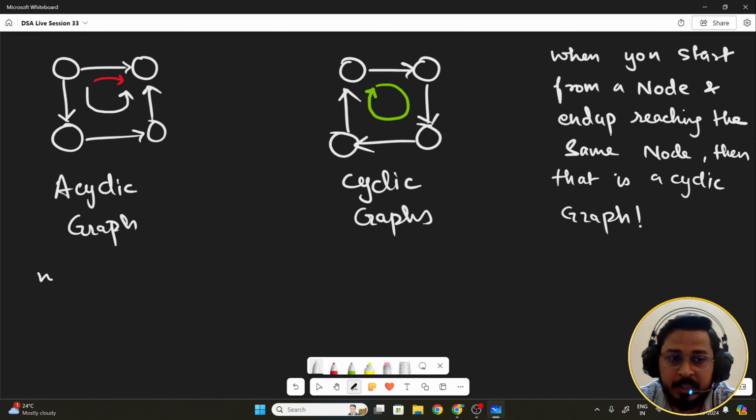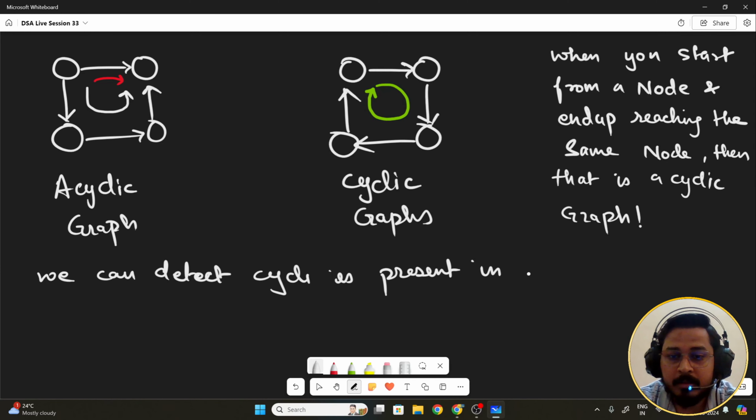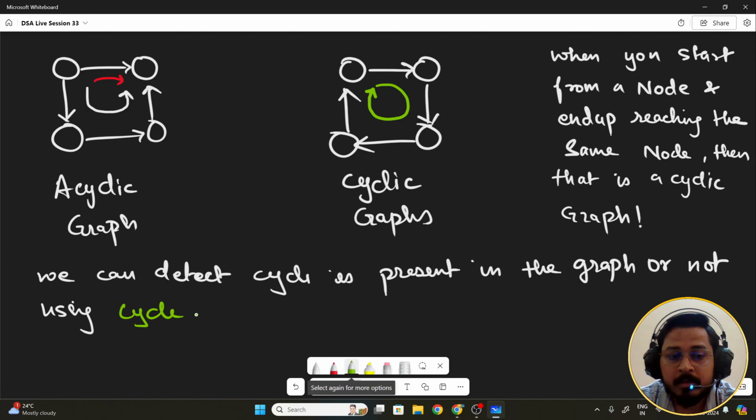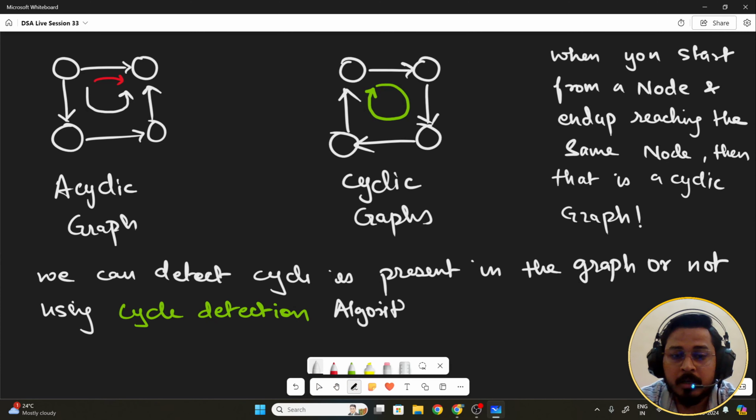We can detect whether a cycle is present in the graph or not using cycle detection algorithms.